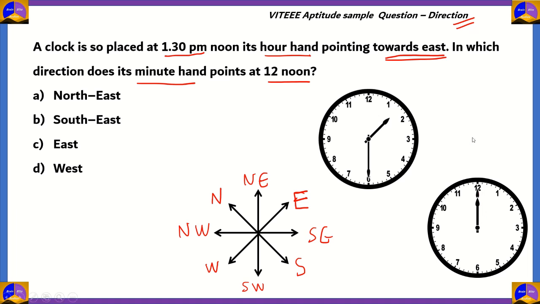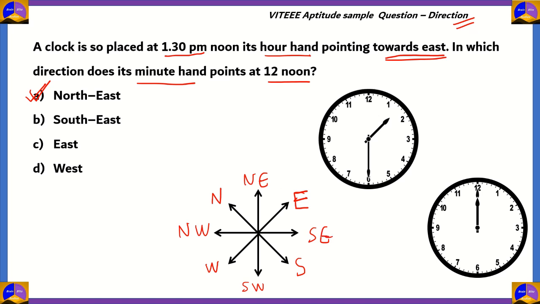At 12 o'clock, both the hour and the minute hand point towards 12. And 12 is at the top part of the clock, and the upward direction in our revised system of directions points towards northeast. So therefore, the correct answer for this question is option A, northeast.